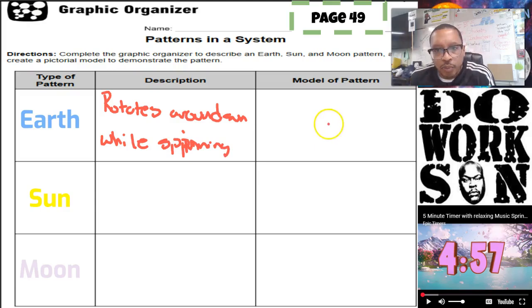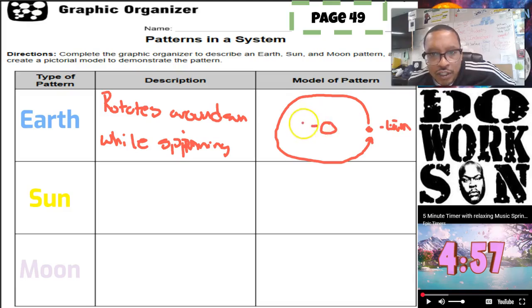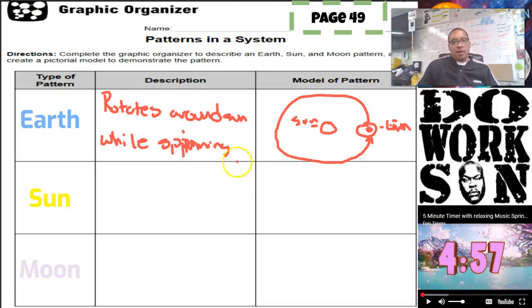Then we need to draw a picture with the sun in the middle, and the Earth out here, and the Earth is going around. I'm going to put an arrow, and label Earth, and label this as the sun. So that is its pattern. And this is the hard part to get in there: it's also spinning like that. So it's spinning and going around at the same time.